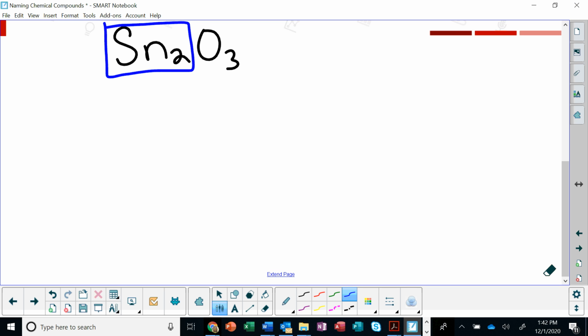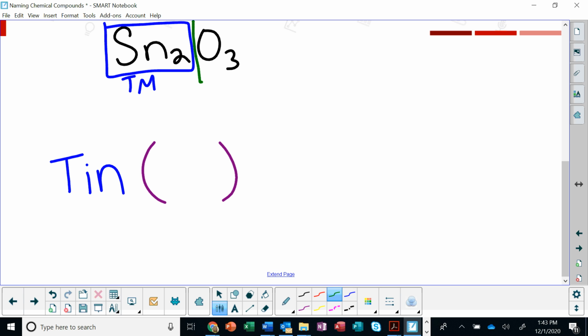So this is another transition metal, which means it's ionic, which means we do not need prefixes. So I'm going to go ahead and name it. Sn is tin. And since it's a transition metal, I need some kind of Roman numeral, which we'll decide.